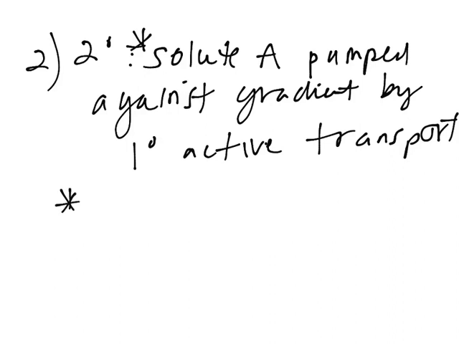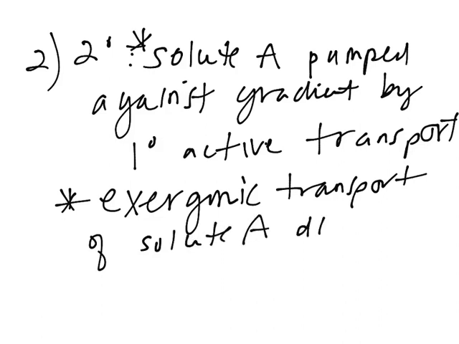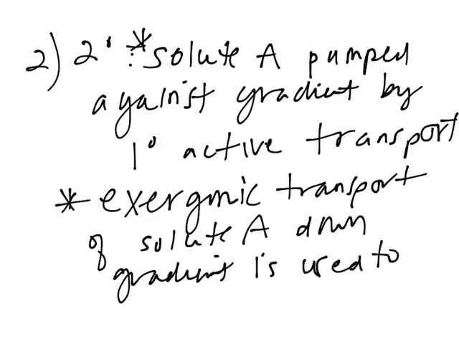And in the second step, the exergonic transport of that same solute, so of solute A, down its gradient, is used to pump B uphill. Right, so now you've built up this chemical or electrochemical potential of solute A, moving it against its gradient.